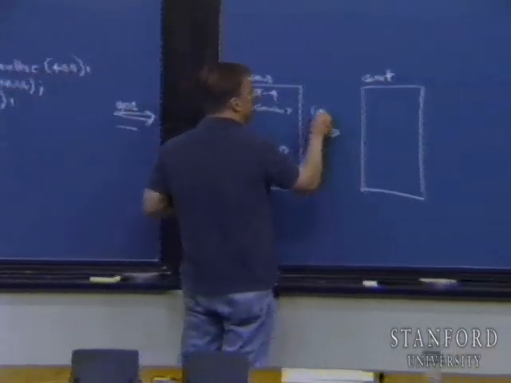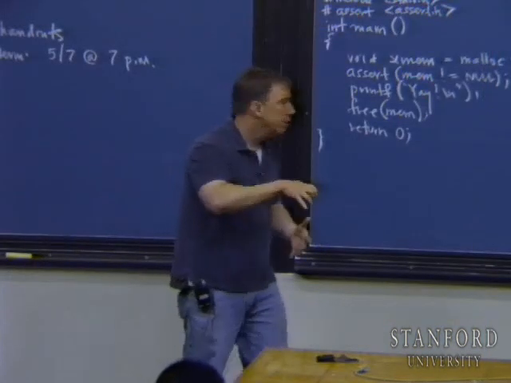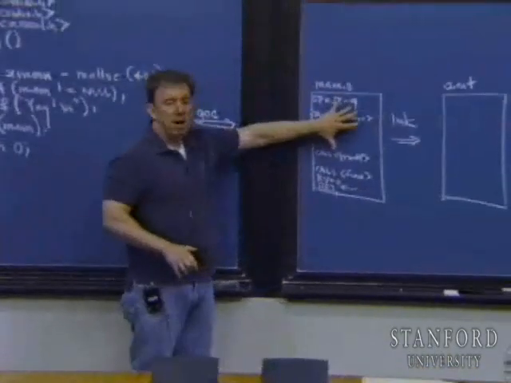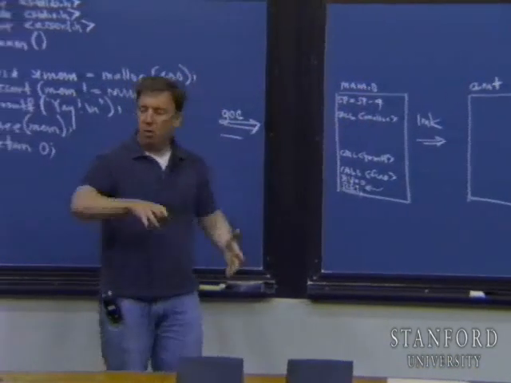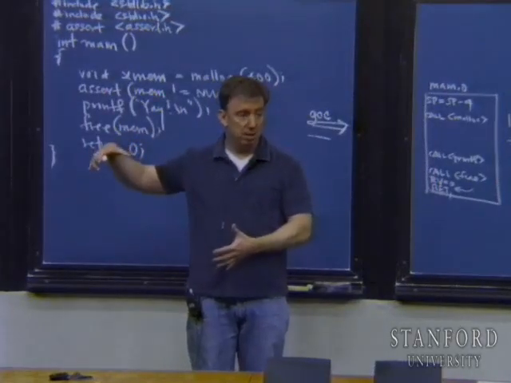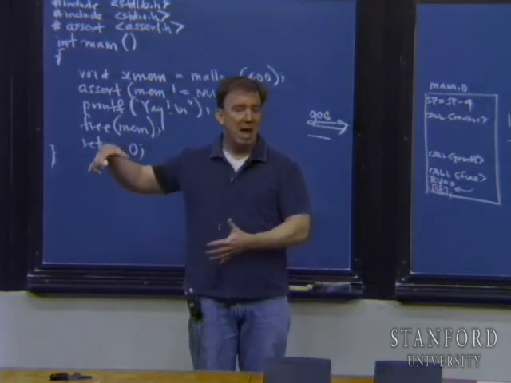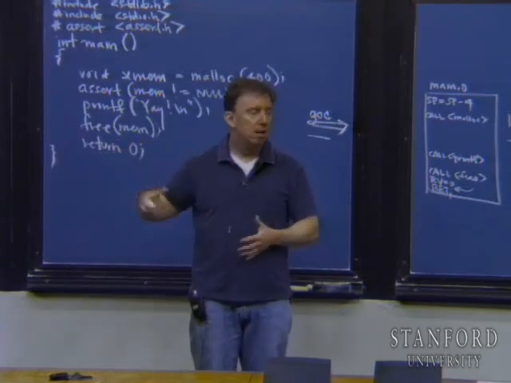This is linking. By default, even if you just have one .o file, linking is the blending and merging of this .o file and any other ones you have, but in this case we only have one, with all of the standard libraries and the standard .o files that come with the compiler. The standard compilers have the .o code for printf and malloc and free and things like that.